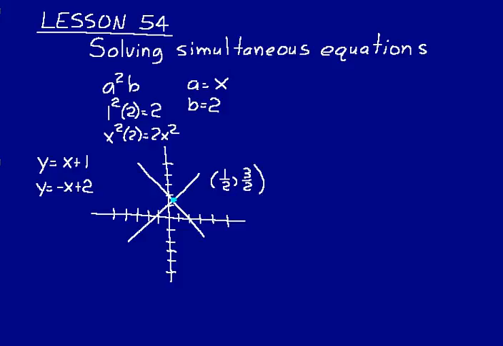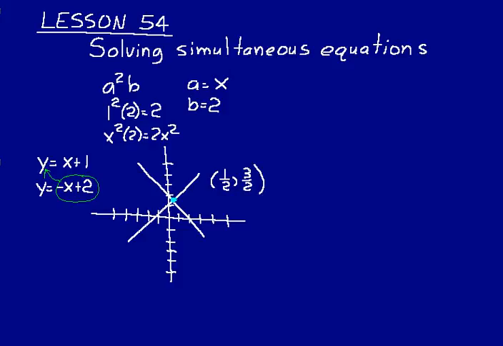Well, we use our substitution axiom to help us. Look at the first equation there. Y equals x plus 1. Look at the second one. Y equals minus x plus 2. So we have relationships there describing what y is. So couldn't we just take the second relationship and substitute it in right there for y?